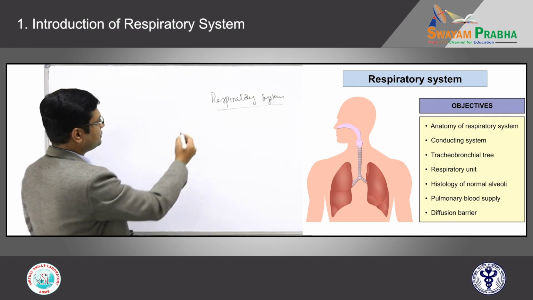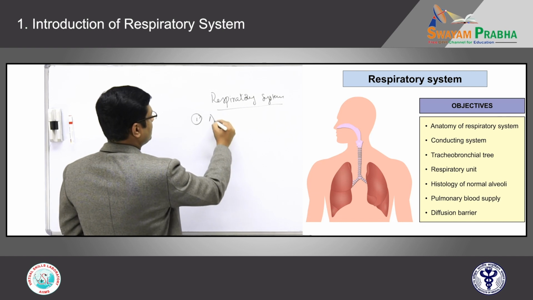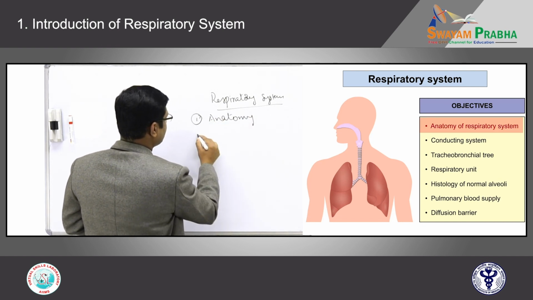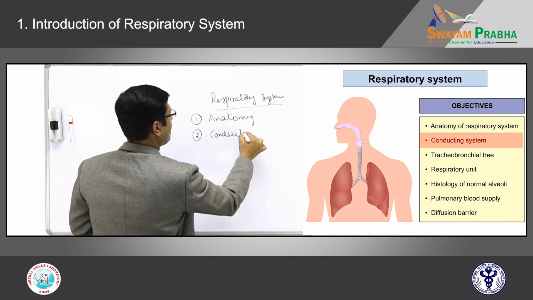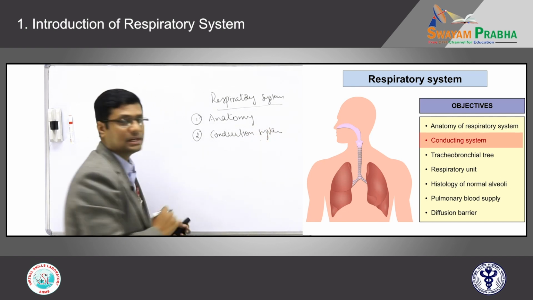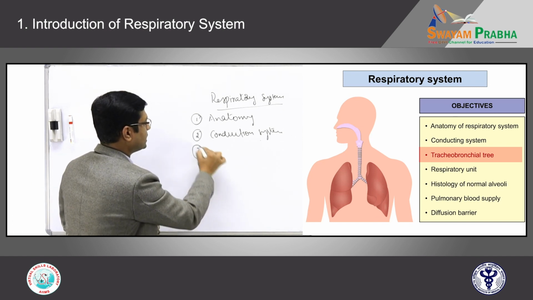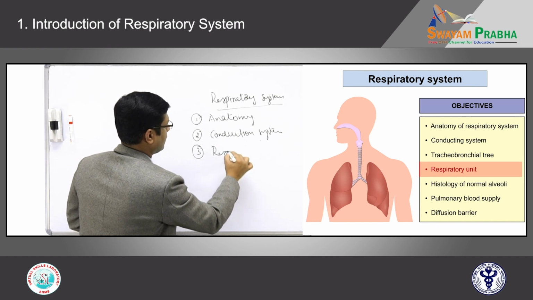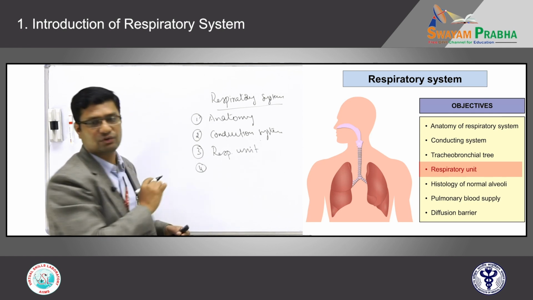Let's see the objectives in today's class. One is anatomy. We will see and learn what exactly is the conduction system, which includes mainly the tracheobronchial tree. Then we will see the meaning and definition of the respiratory unit.